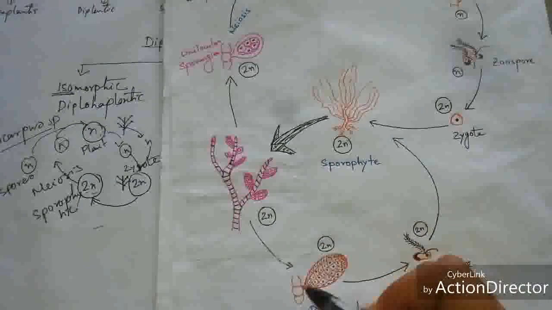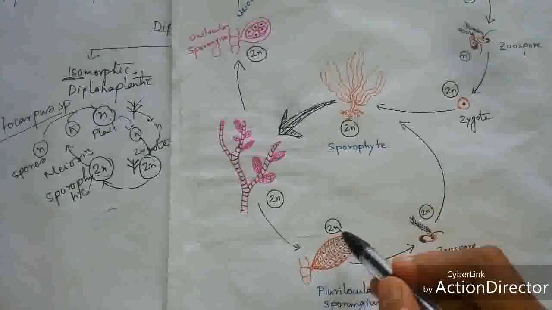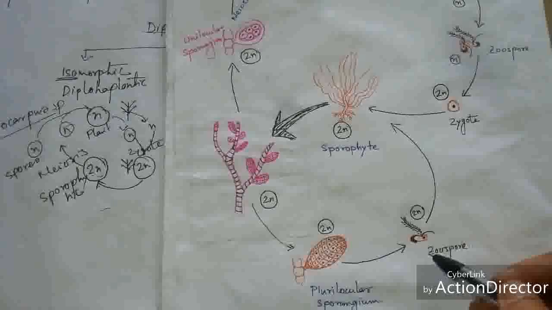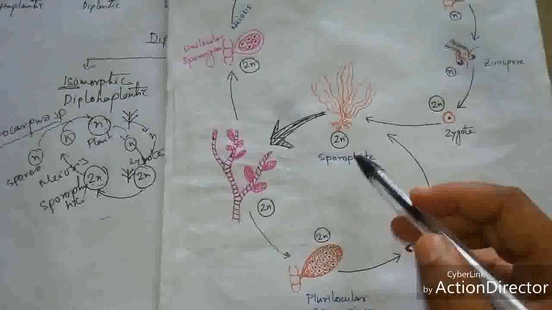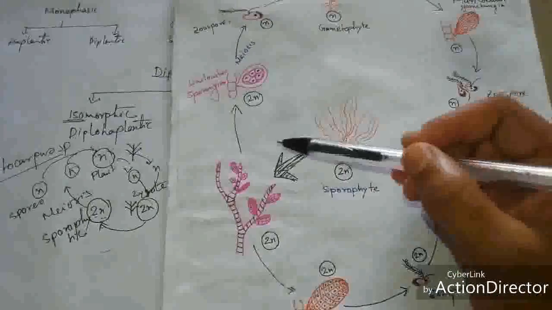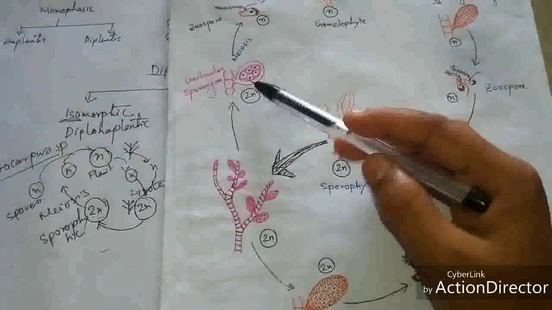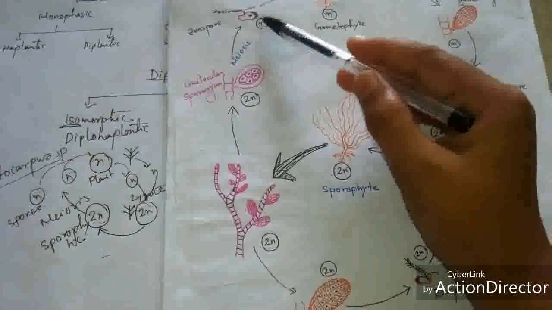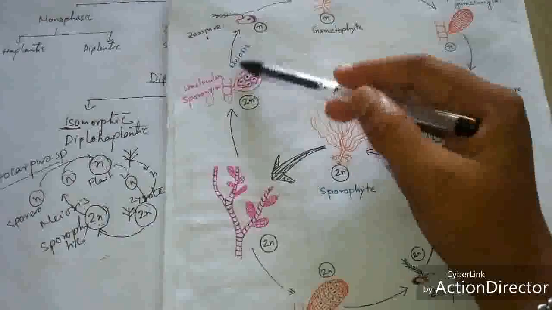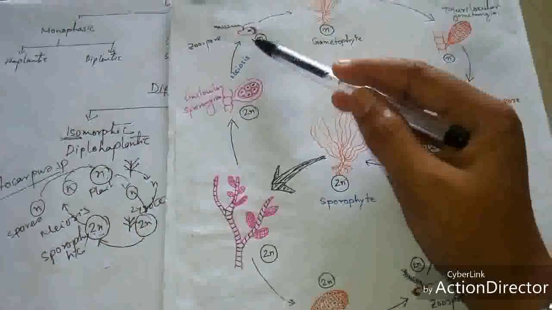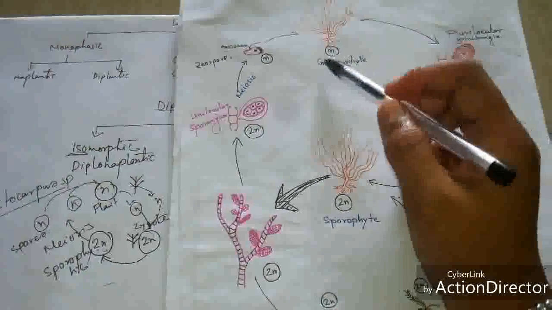The plurilocular sporangia produce diploid zoospores, which again produce the sporophyte plant body, whereas the unilocular sporangia produce zoospores which are haploid by meiosis, and these produce a gametophytic plant body.